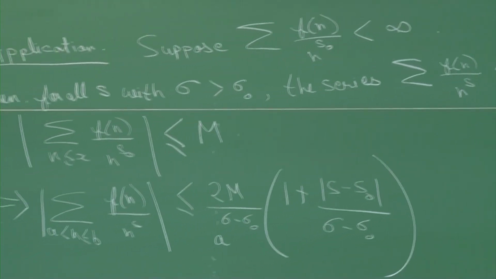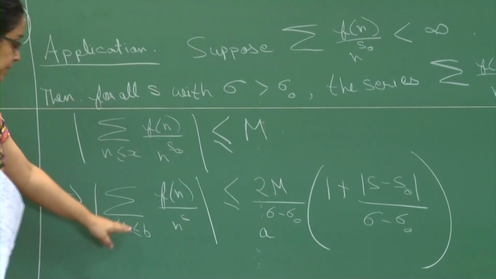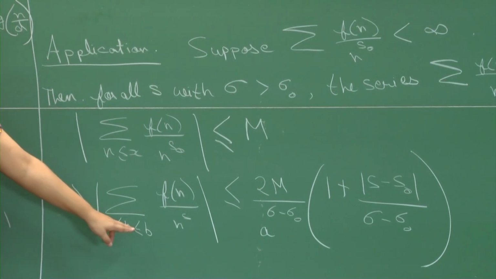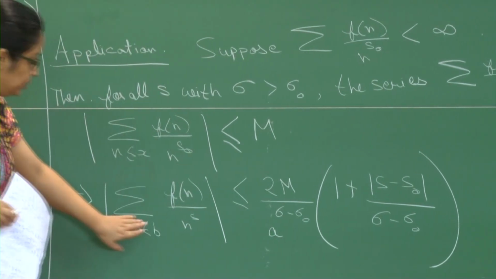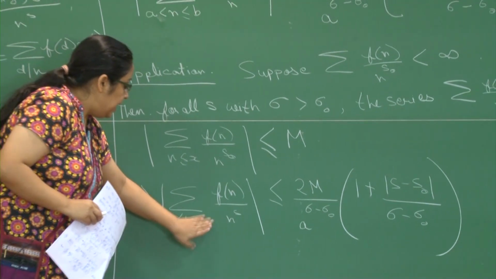Now notice this bound on the right hand side does not depend on b at all. Irrespective of what you take b, you will have this bound. So you can actually take n greater than a.